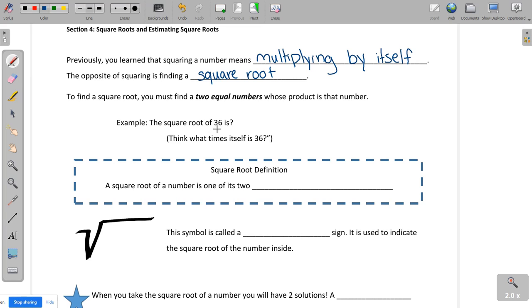So, for this example, the square root of 36. What times itself gives you 36? Oh, that's 6 times 6 gives us 36. So the square root of 36 gives us 6. The definition of a square root of a number is one of its equal factors.